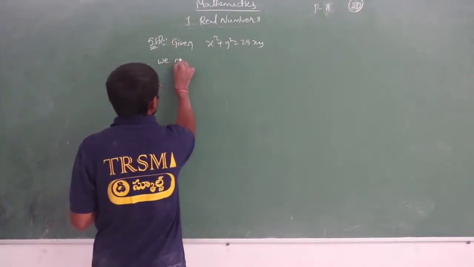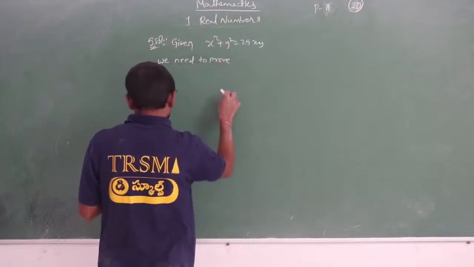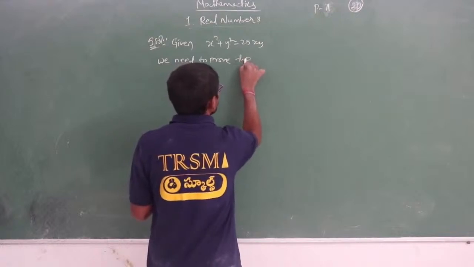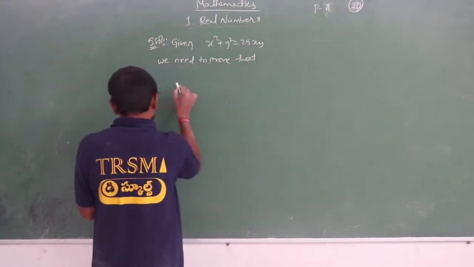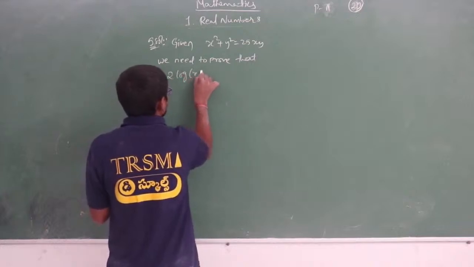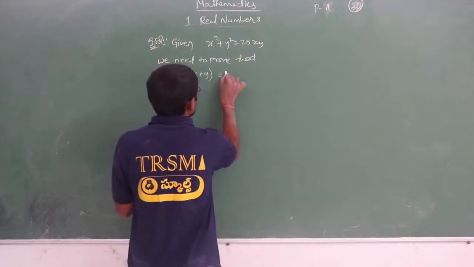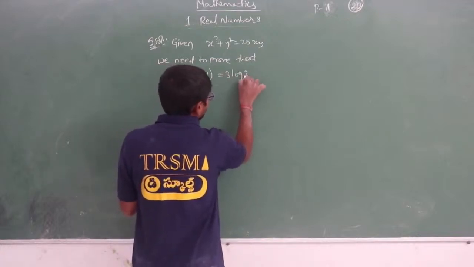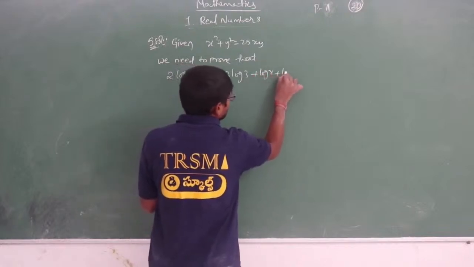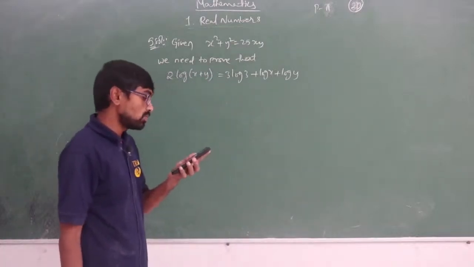We need to prove that 2 log x plus y is equal to 3 log 3 plus log x plus log y.